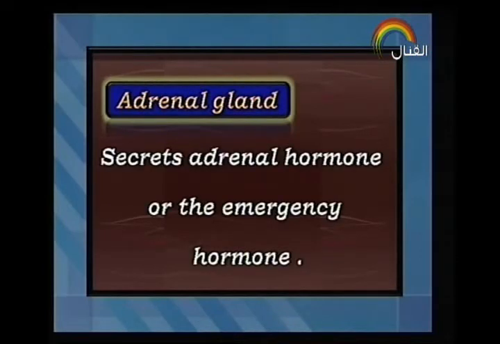The adrenal gland secretes adrenal hormone, or it has another name, but it's just extra information, which is epinephrine. We call it the emergency hormone. We use this hormone in what? In emergencies. Like when you feel a sudden fear or a sudden situation.